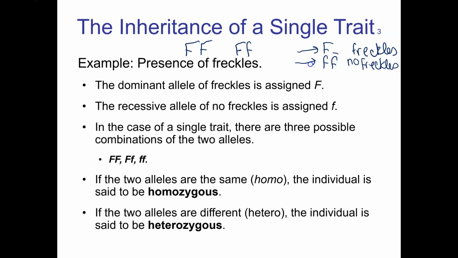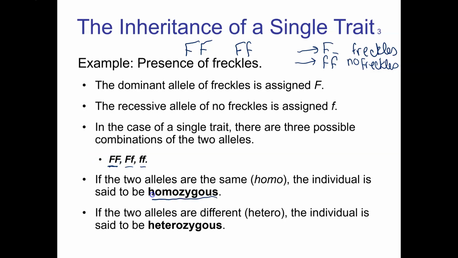Since we're dealing with a single trait, there are only three basic combinations that we can find. We can have big F, big F; big F, little f; and little f, little f. If we have two big Fs, or two little fs, we have two alleles that are identical, then we are considered homozygous.